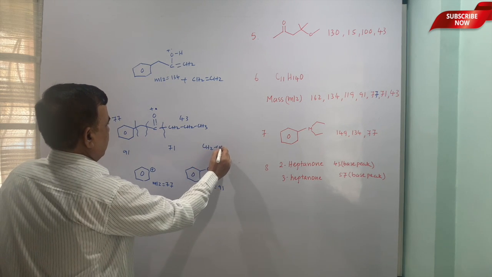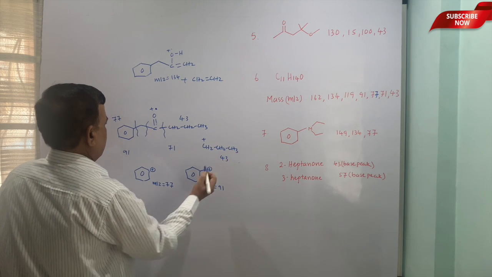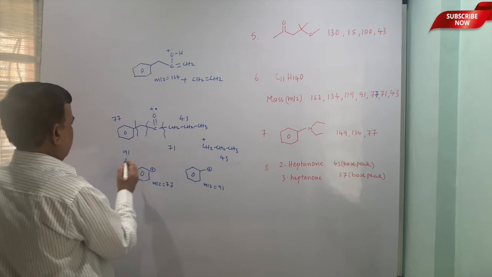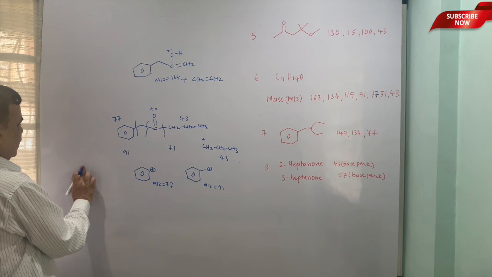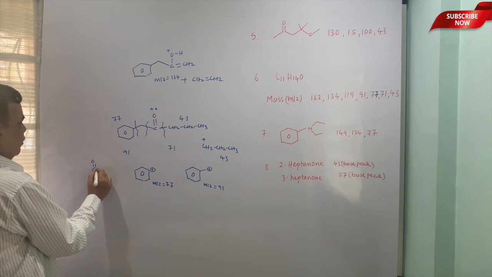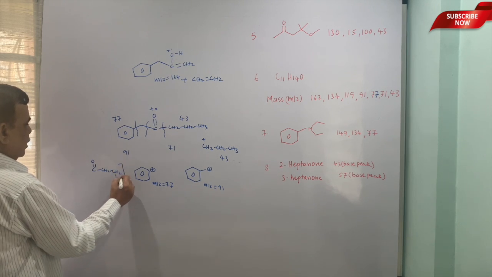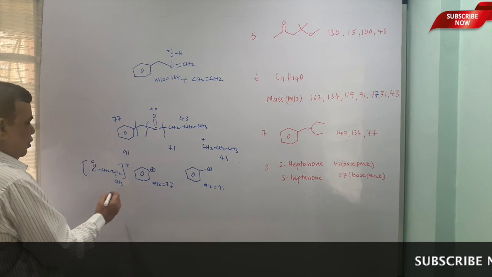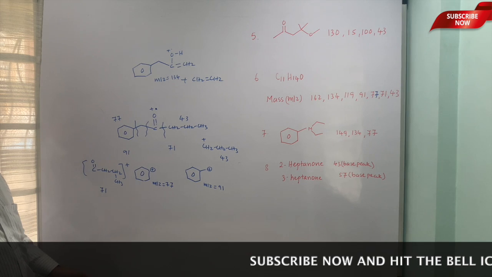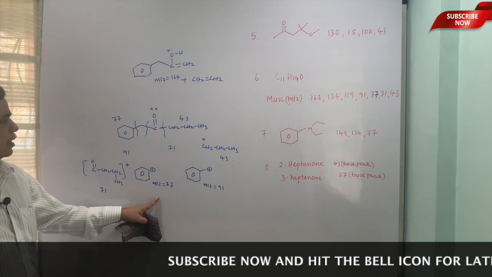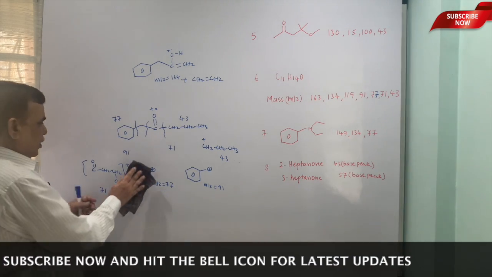Then CH2 CH2 CH3, this is 43, and 71 is the entire thing, like the side chain what we have, CH2 CH2 CH3. So, this is 71. Okay, 71 is there, 77 is there, 91 is there, 43 is there. So all peaks are explained.